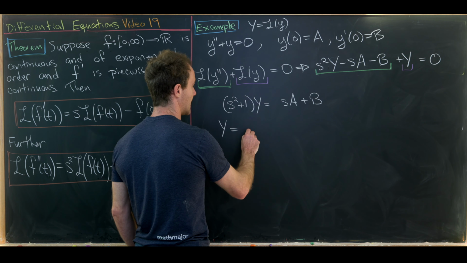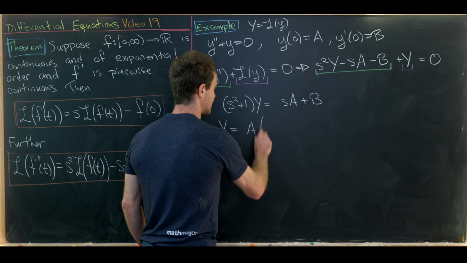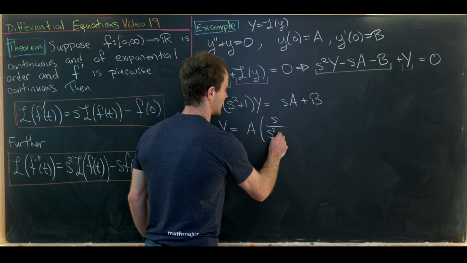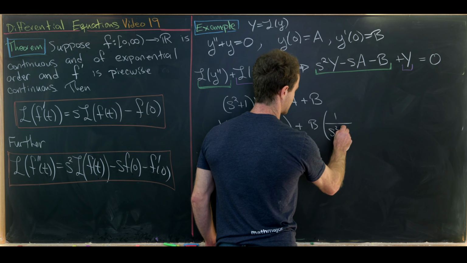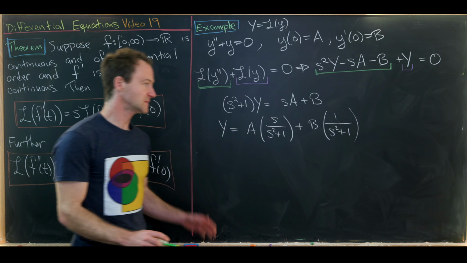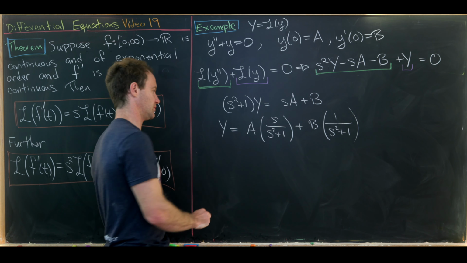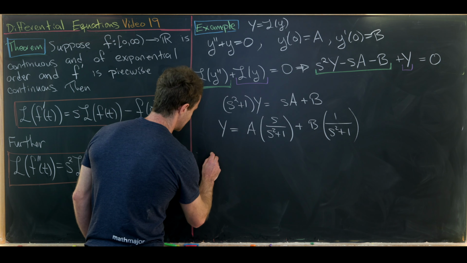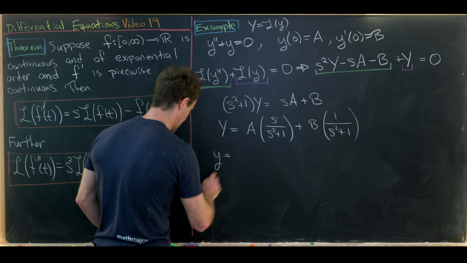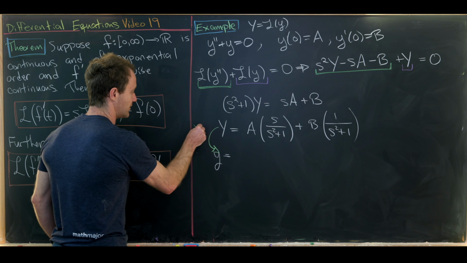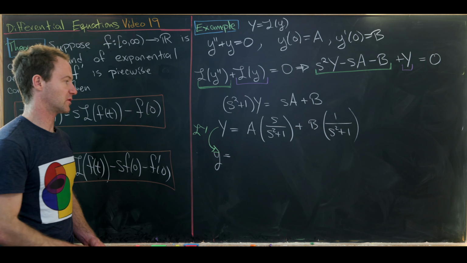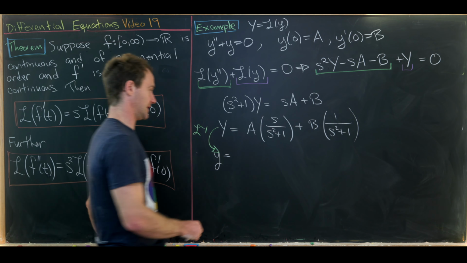That gives us Y equals A times s over s squared plus 1 plus B times 1 over s squared plus 1. Now we'll apply the inverse Laplace transform. Let's see, that will give us little y, because if you recall, by our notational setup, the inverse Laplace transform of capital Y is little y.